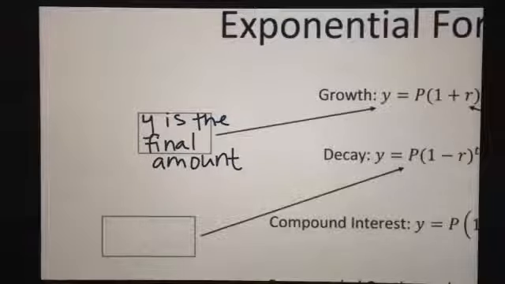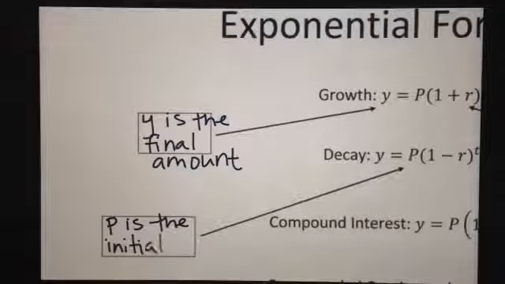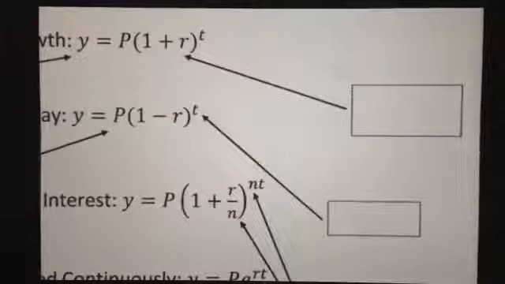In the problem, p is the principal value, and if you're not going to remember what that means, then you can say that p is the initial amount or the starting amount. Next, we have the value for r.